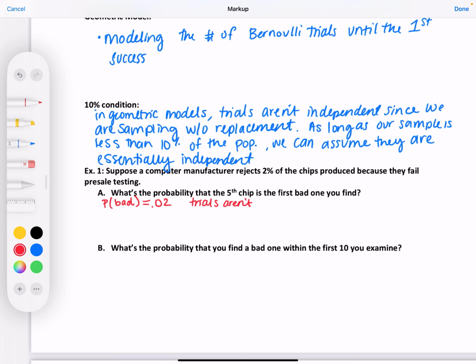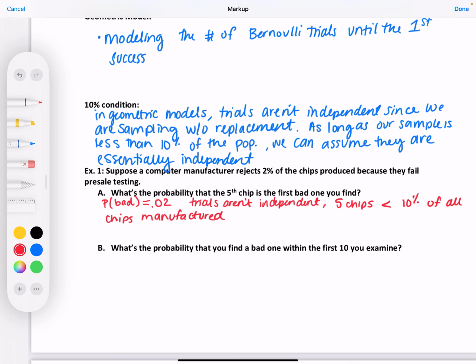I'm just writing it more for reference for you. Trials aren't independent, but 5 chips are less than 10% of all chips manufactured, so I'm going to basically treat it as if it is independent because of that 10% condition.